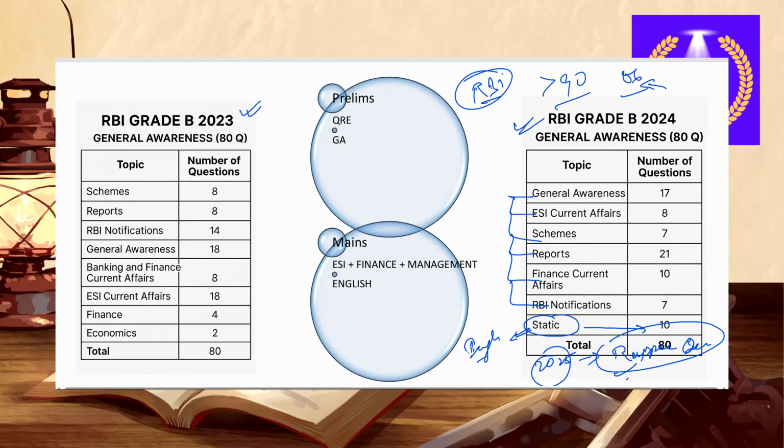So from rupee depreciation they will frame the question in the phase 1 examination. And the impact, the causes of rupee depreciation and the solutions that RBI and the Ministry of Finance are adopting in order to mitigate this problem, that will be asked in the phase 2 examination.